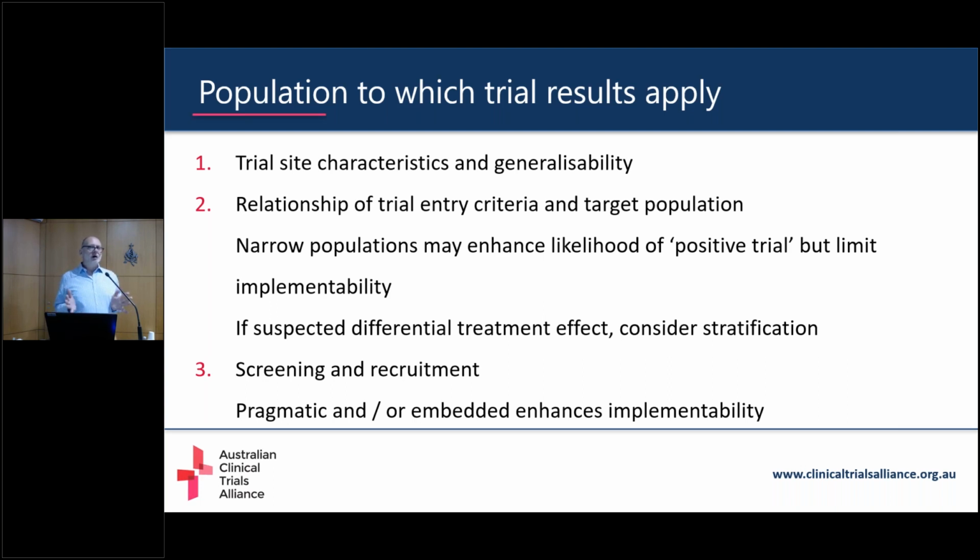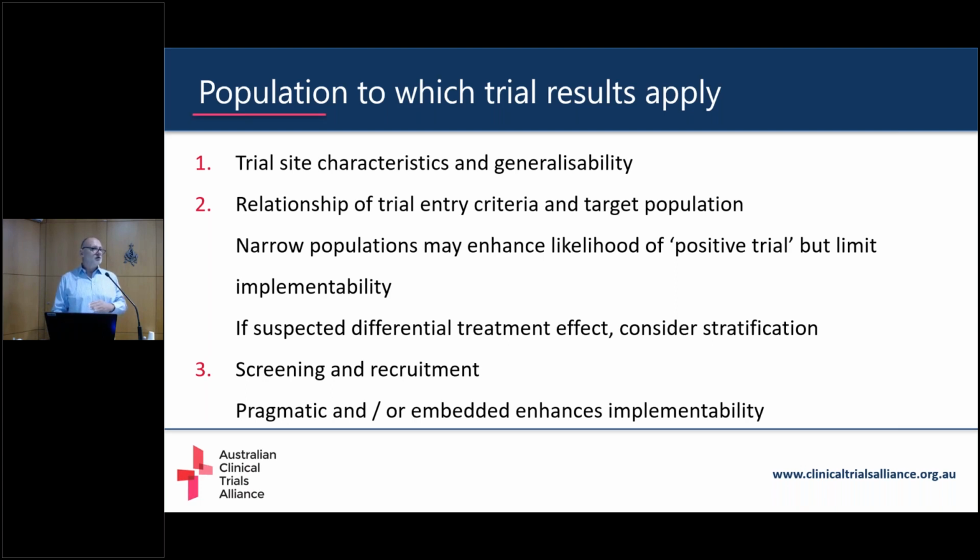With respect to trial entry criteria, there's sometimes a natural temptation for clinical trialists to narrow down the population as much as possible in a way that is designed, they think, to try and find the best population to give themselves the best chance of having a trial with a positive result.